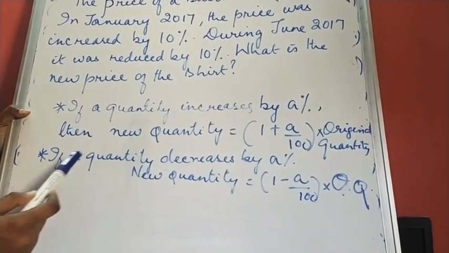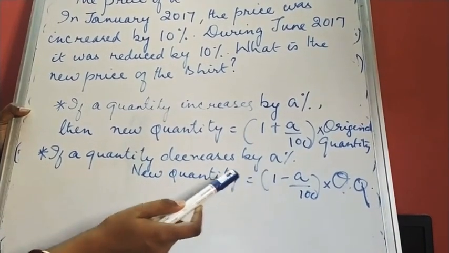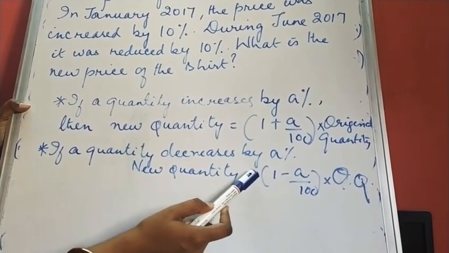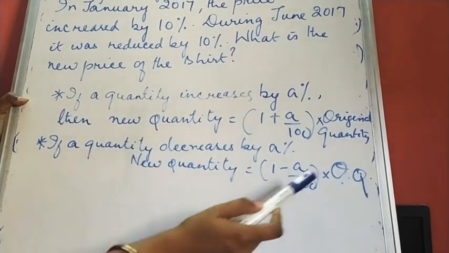The same way, if a quantity is decreasing by A%, then the new quantity is equal to 1 minus A by 100 into the original quantity.